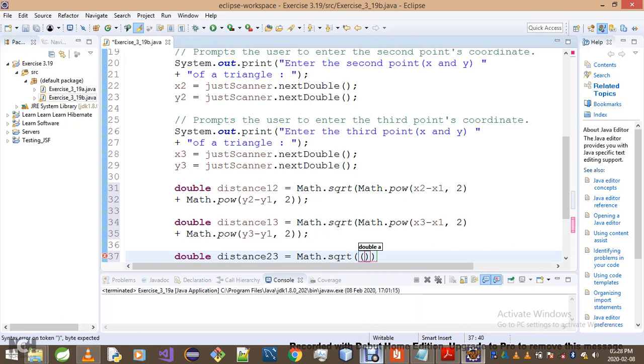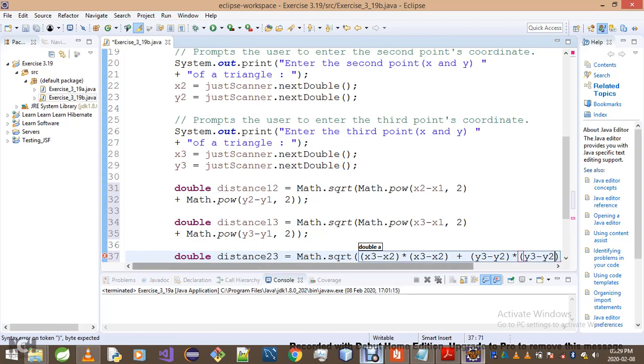We can simply say x3 minus x2, multiplied by x3 minus x2 again, and then we add y3 minus y2, multiplied by one and the same thing, which is y3 minus y2.